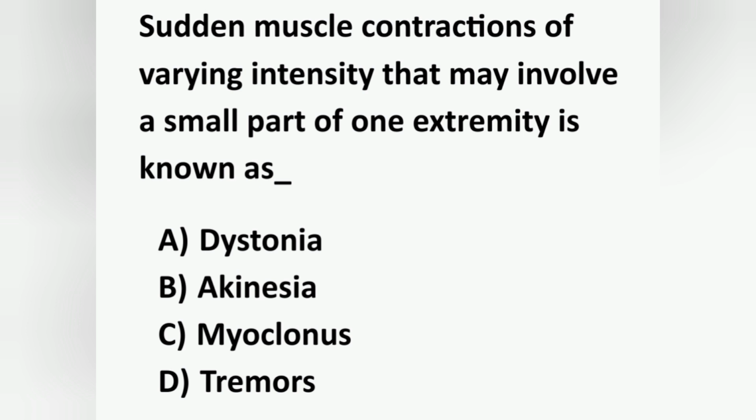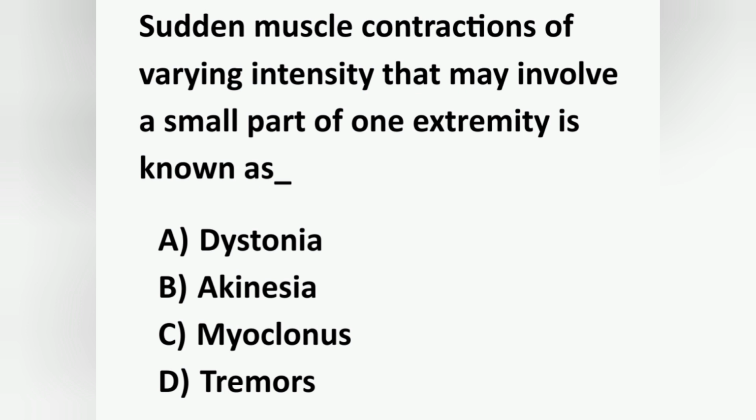The next question, sudden muscle contractions of varying intensity that may involve a small part of one extremity is known as. Options are option A dystonia, option B akinesia, option C myoclonus, option D tremors. Our question is sudden muscle contractions of different intensity that may involve the part of the body.